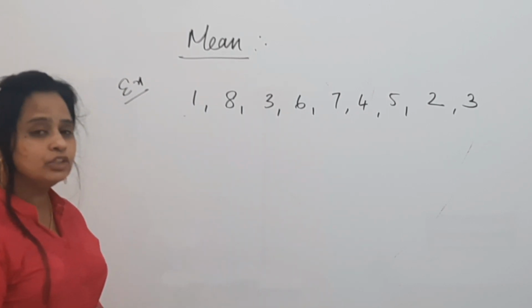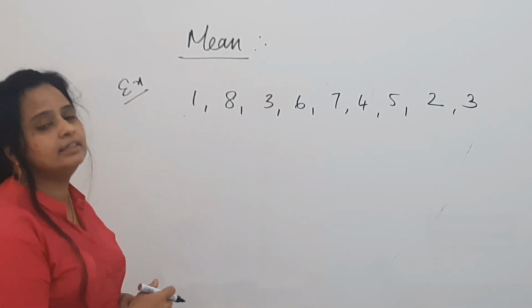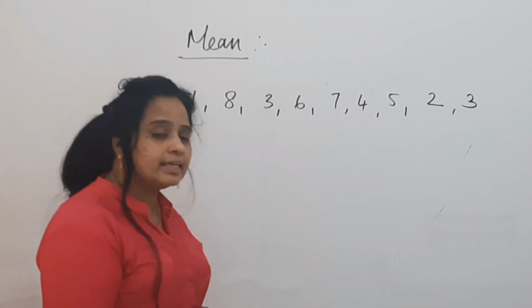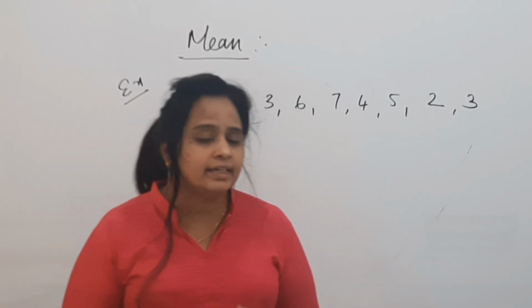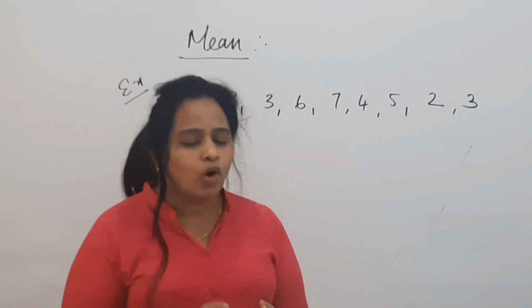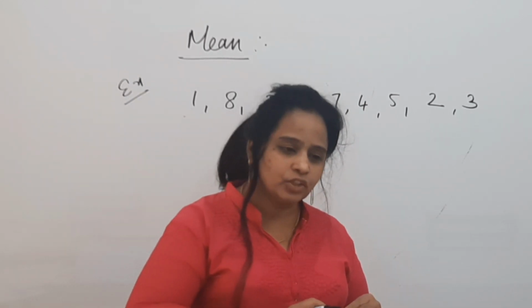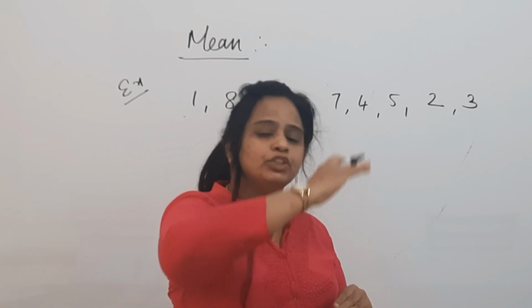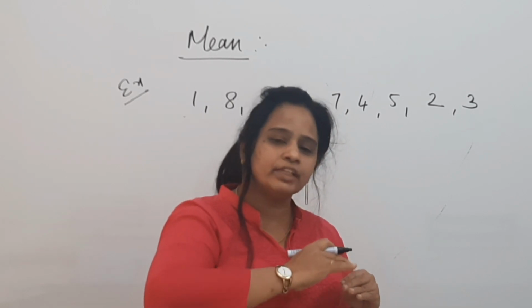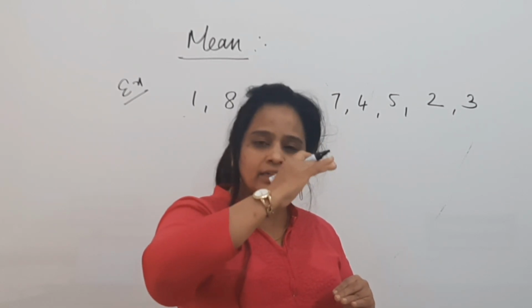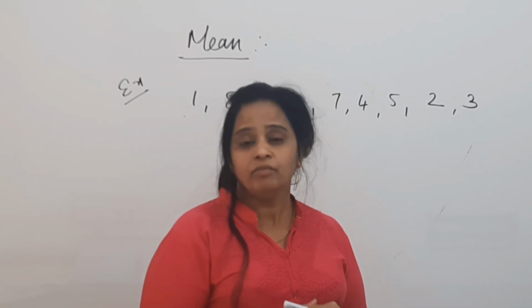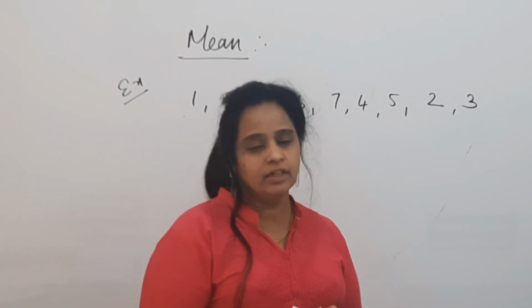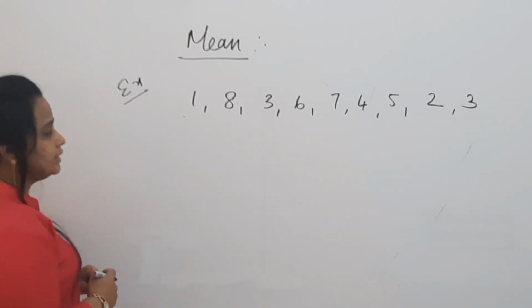Now I'm going to write this data in ascending order. You can write it in either ascending or descending order, but I always suggest my students, it's good to go from small to big. So I go for the ascending order.